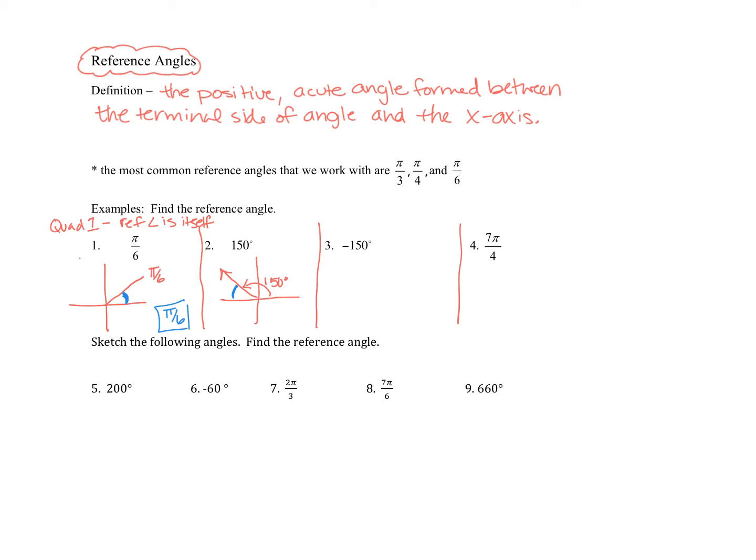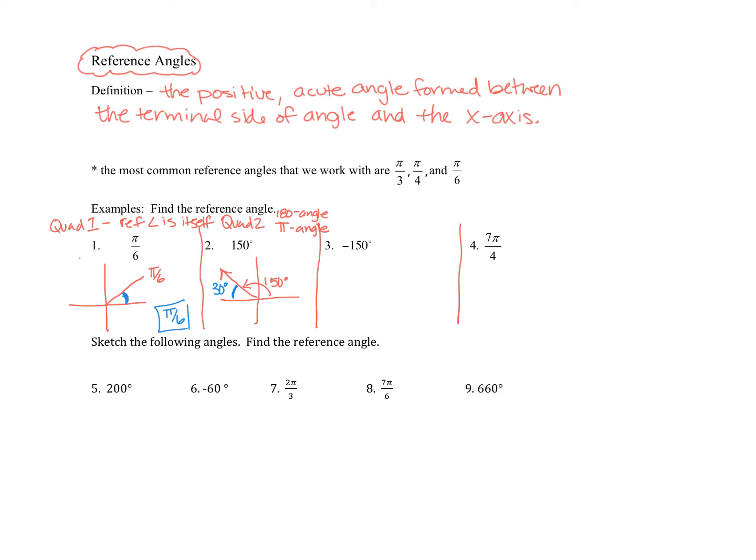Because we know that a straight line has 180 degrees, this would be 30 degrees. But you can always find a reference angle in quadrant 2. If you're working with degrees, it's always going to be 180 minus the angle. And if you're working with radians, it's going to be pi minus the angle.